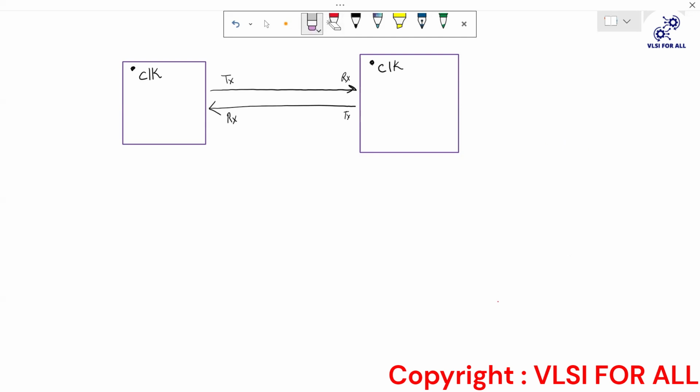We don't have address, channel, or clock. Then how are we using the clock? Or if I talk about PCIe, PCIe is a peripheral protocol.